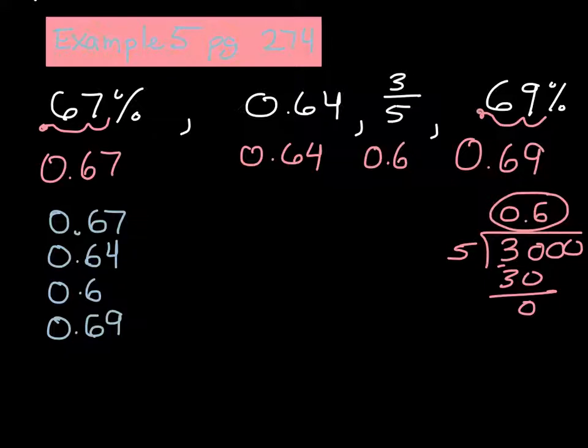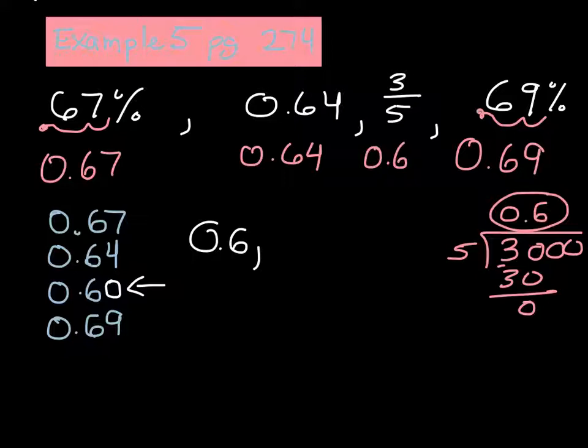Okay, so 0.6 doesn't have a number in its hundredths place. So that's going to be our lowest because it's the closest to 0. On a number line, it would be the closest to 0. So our first number is 0.6.